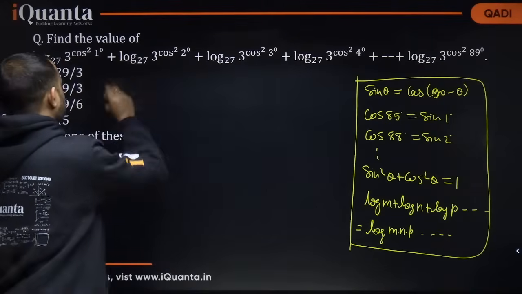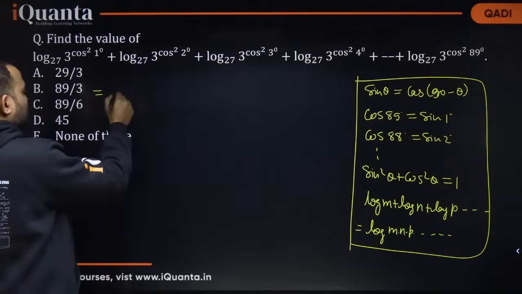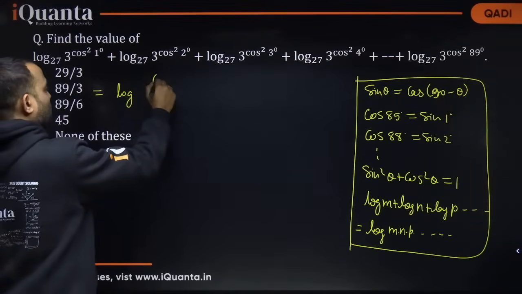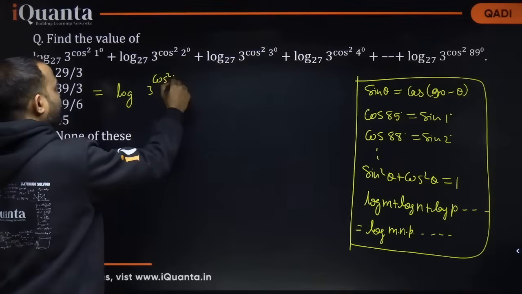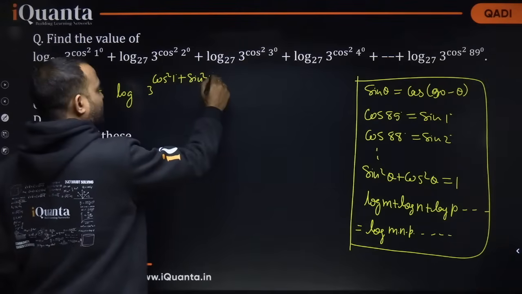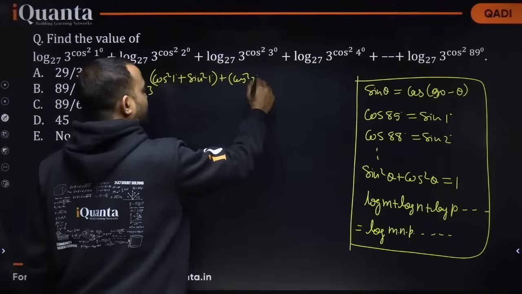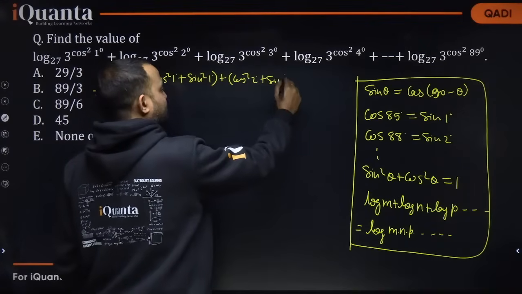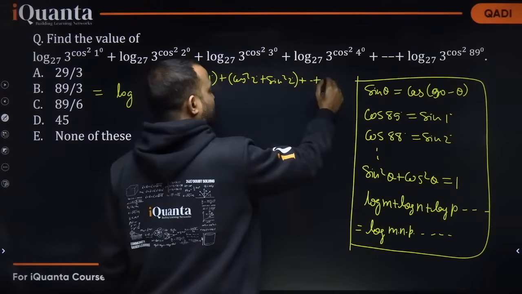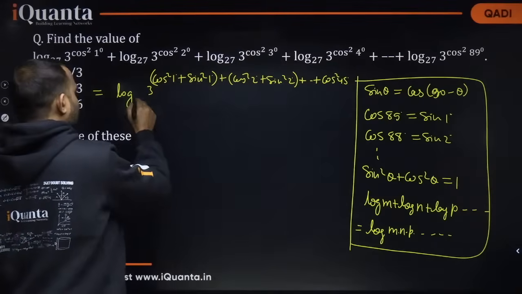So basically, now this will become log 3 to the power cos square 1 degree plus sine square 1 degree plus cos square 2 degree plus sine square 2 degree and so on, and in the end we are left with cos square 45 degree, and the base is 27.